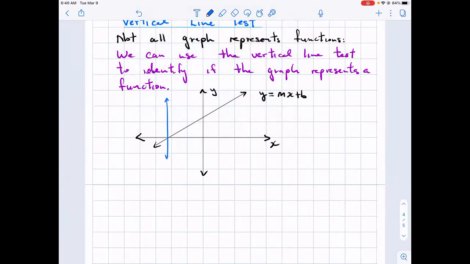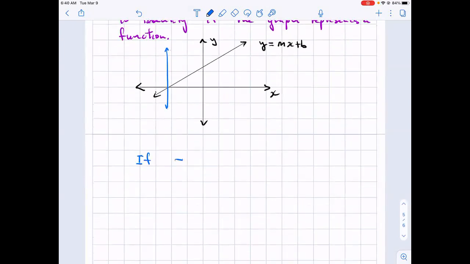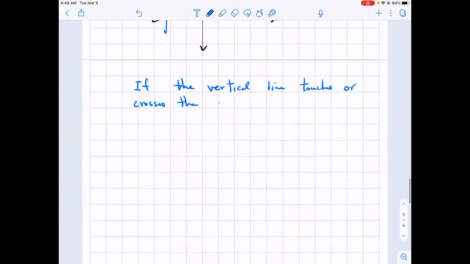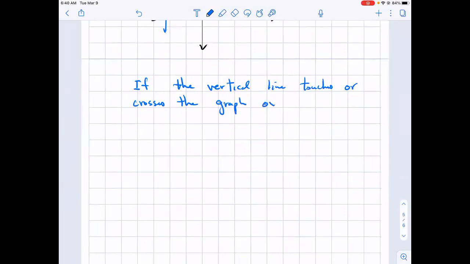It's a line that we draw on the graph, and if that line touches or crosses the graph only once, then the graph represents a function.